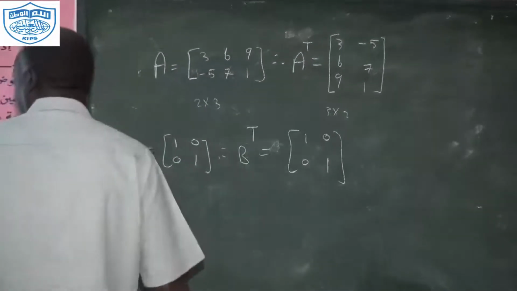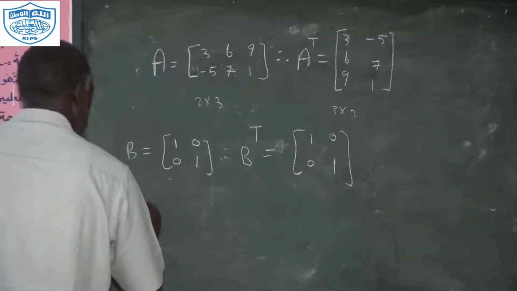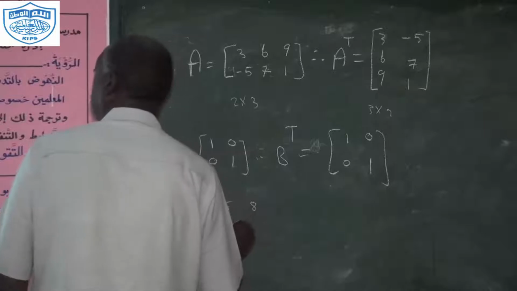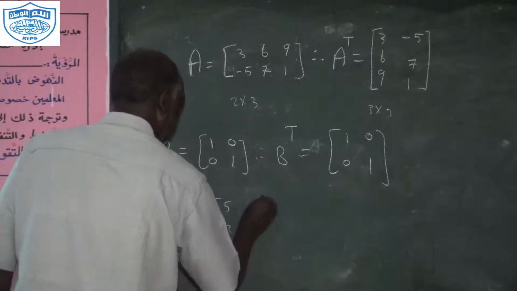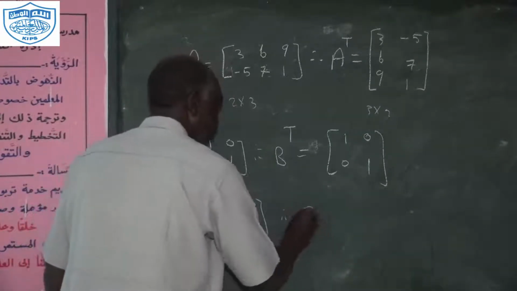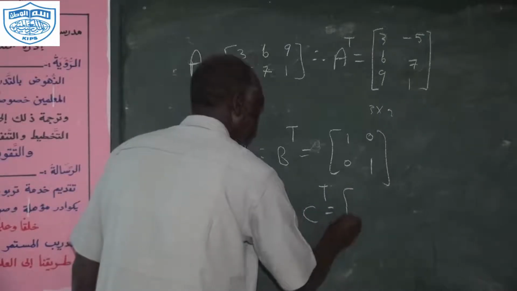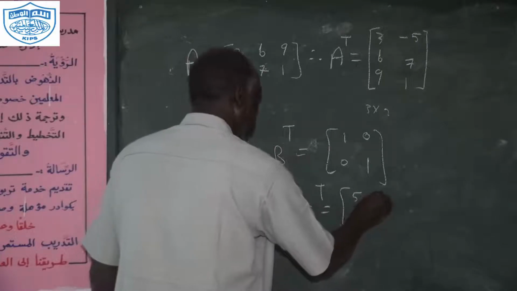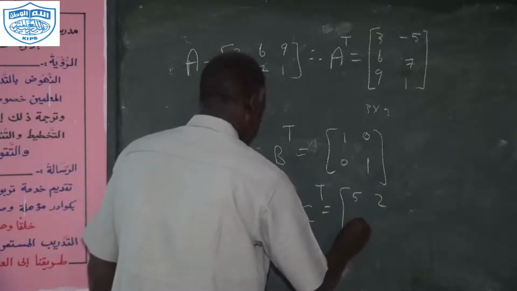What about the last one? C equals 5, 8, 2, 3. Therefore, C transpose equals the transpose of this one, 5, 2, 8, 3.